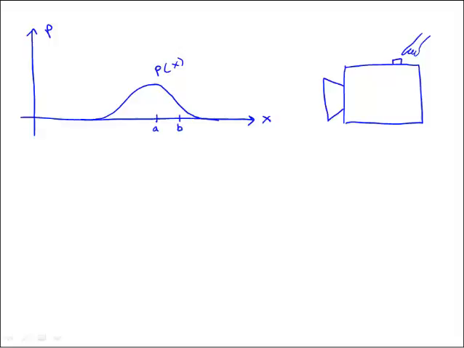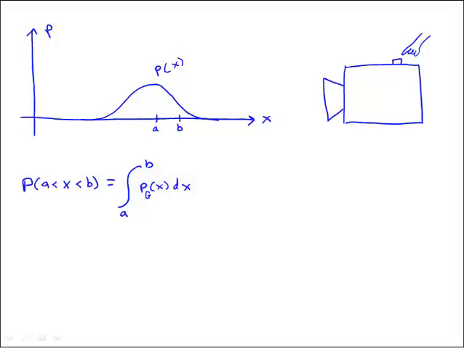The probability that x is between a and b is the integral from a to b of that distribution, p of x dx.